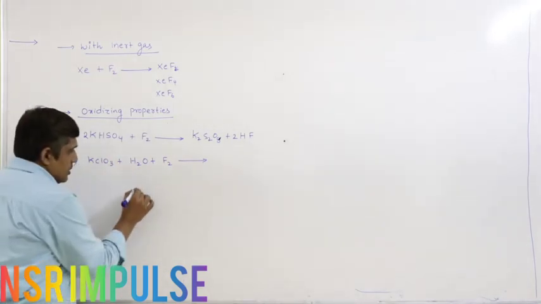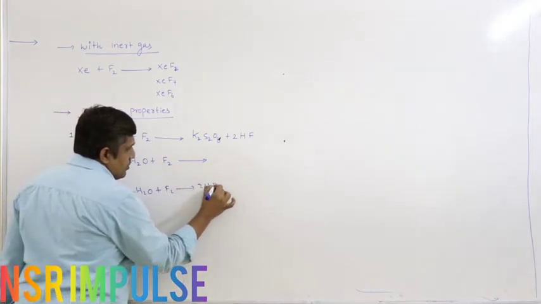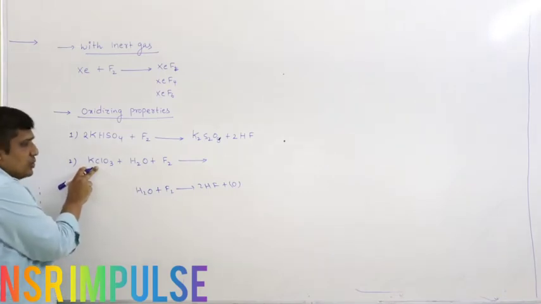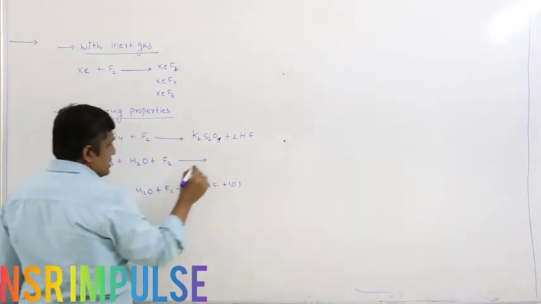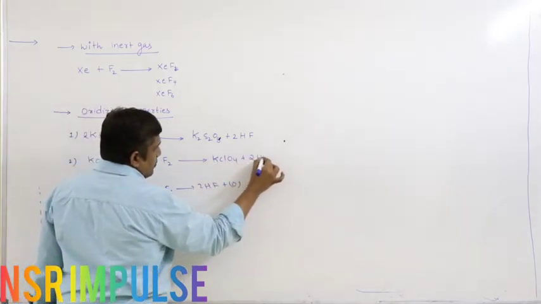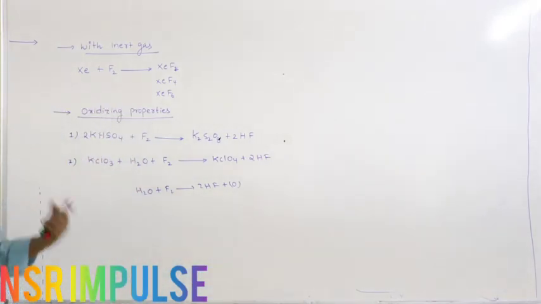This nascent oxygen is added to KClO3. KClO3 plus nascent oxygen, what we will get is KClO4.